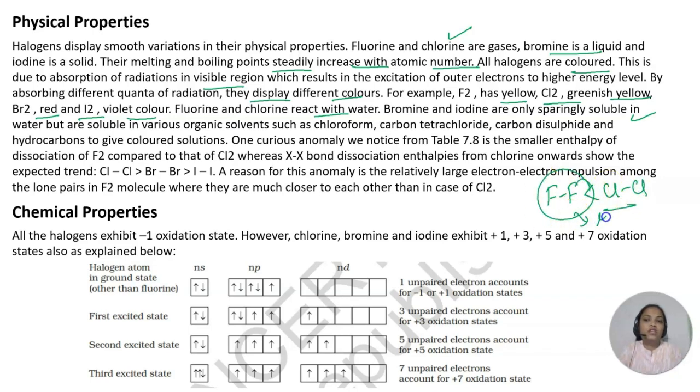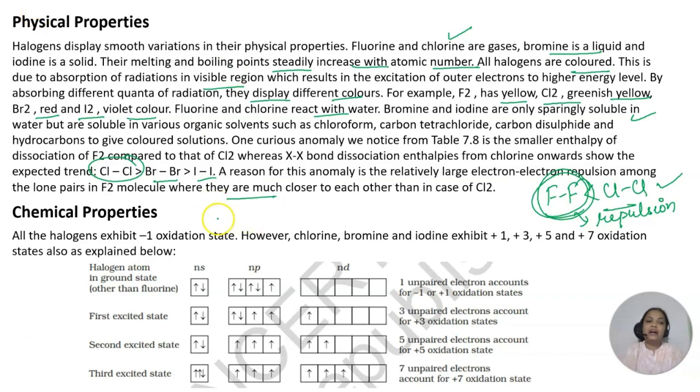Why? Because of the electron-electron repulsions, the lone electrons are closer in the case of fluorine rather than chlorine. So that is why the bond will be weak and the bond dissociation enthalpy is less. Then it follows the same trend: chlorine, then bromine, then iodine, meaning the bond dissociation enthalpy of chlorine would be the highest.